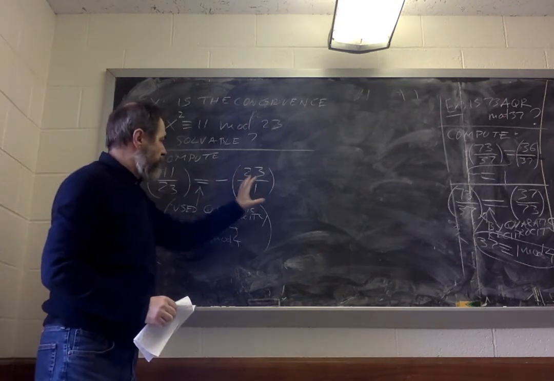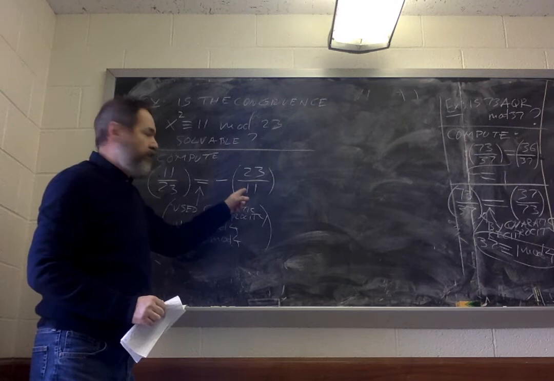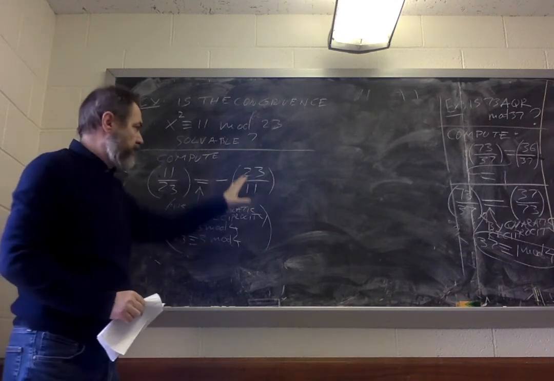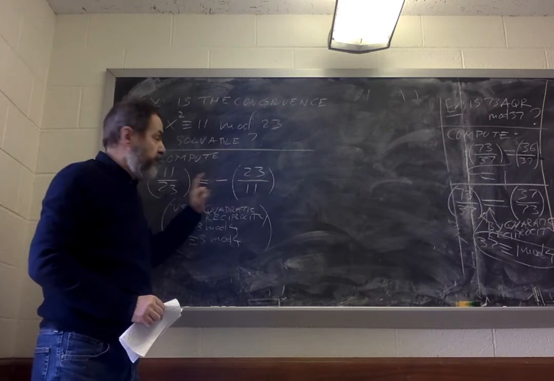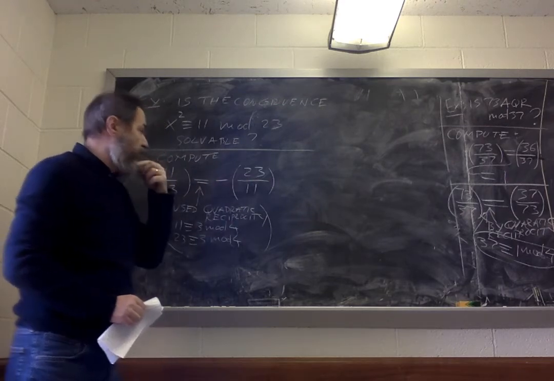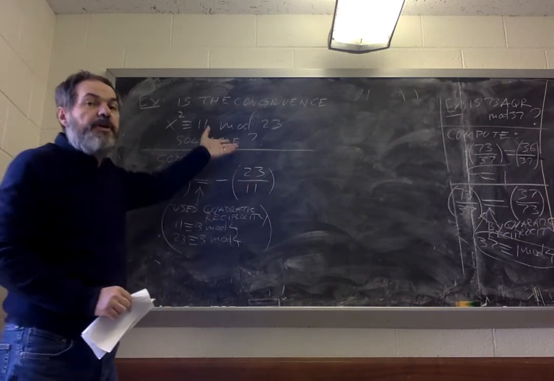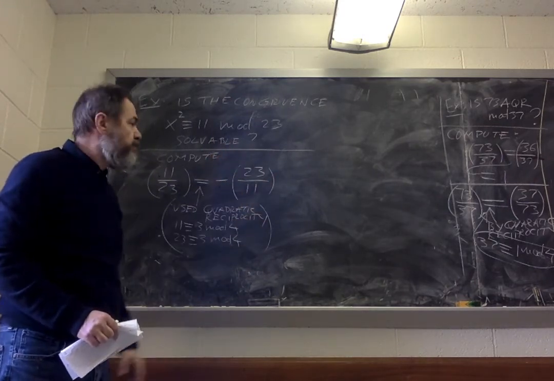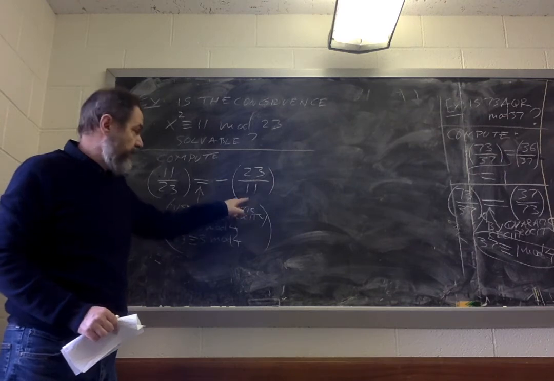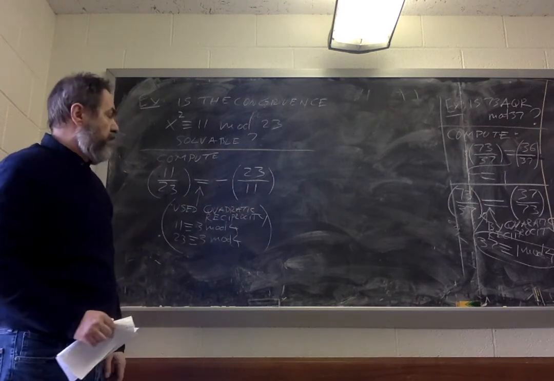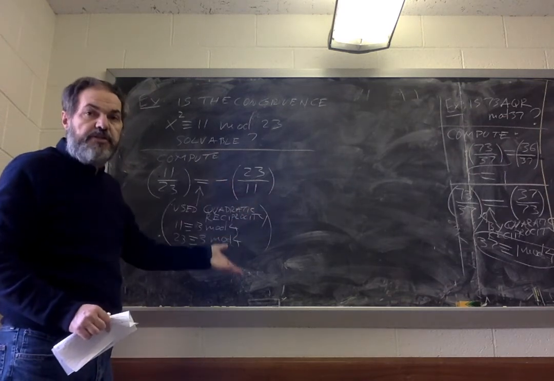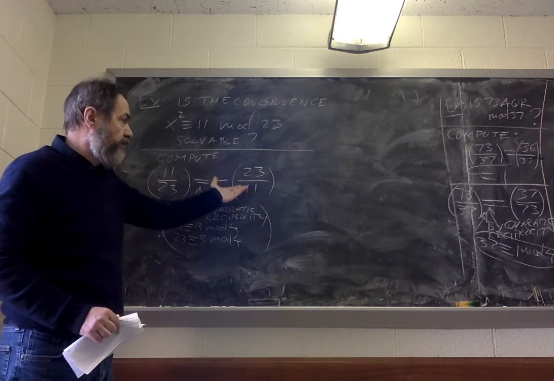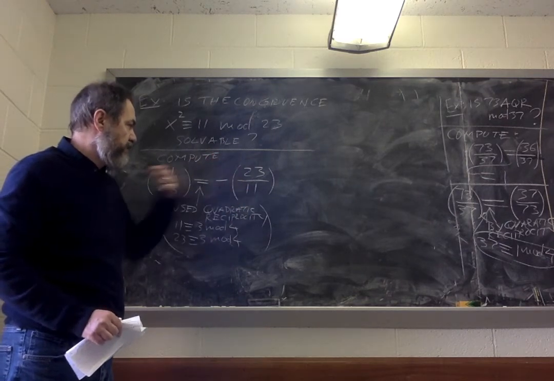Now, I have minus 23 over 11. I cannot take the minus out or whatever. No. I have this minus. I keep track of this. Now, 23 over 11. If the number in the numerator, so to speak, it's not a fraction, is larger than the one that I have in the denominator, I can replace it by something smaller, because I can add or subtract any multiple of 11.